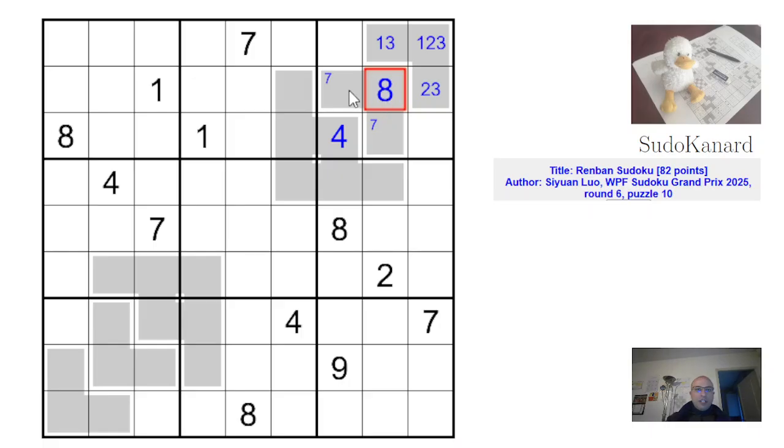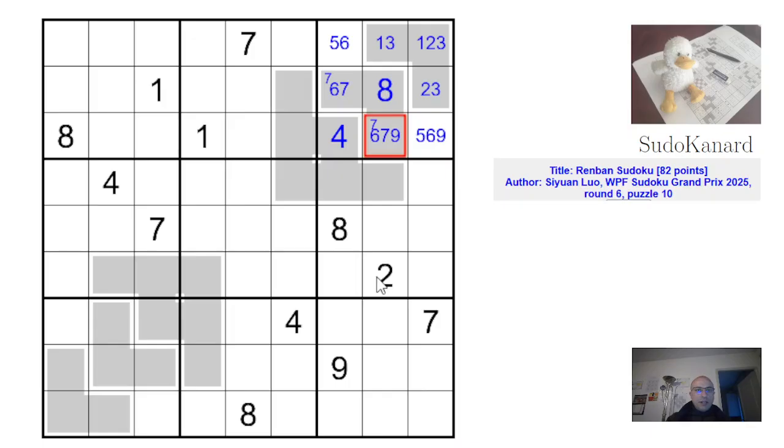And the missing digit with 7 and 8 is either a 6 or a 9. So this is from 6, 7. This is from 6, 7, 9. And in there must be a 5, and the other digit is the missing digit from the Renban, so either 6 or 9. And there is a 9 in there, definitely. So that's a place to start.